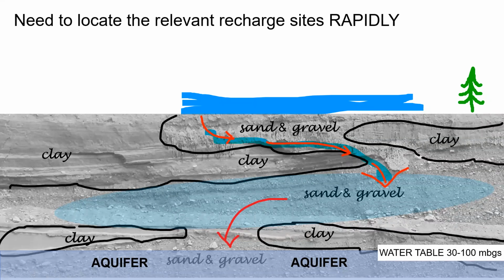In terms of hydraulic conductivity, clay is a barrier, but sand and gravel is a conduit of the flow. So you want this fast pathway that can hit the water table about 30 to 100 meters below the surface in the southern part of the Central Valley quickly.